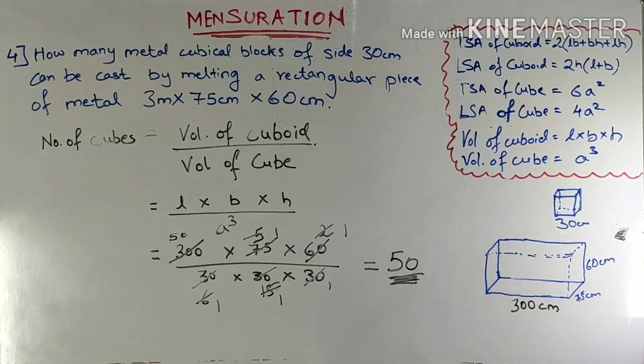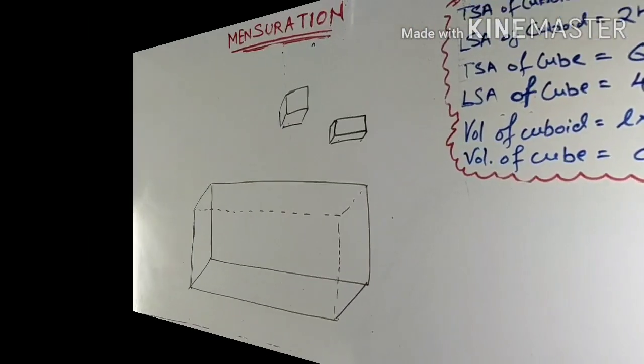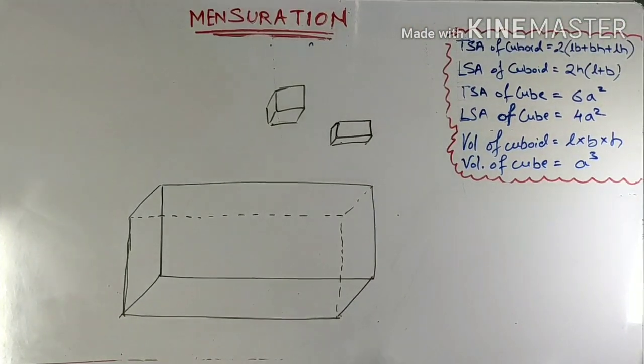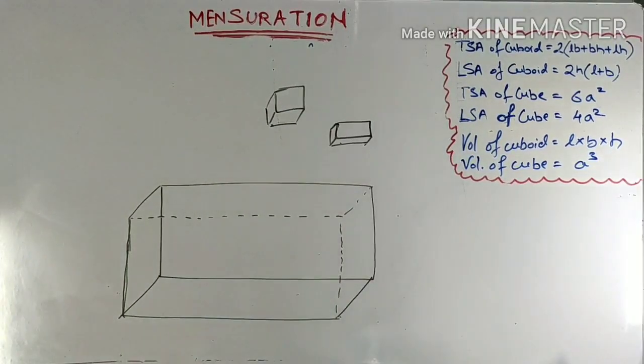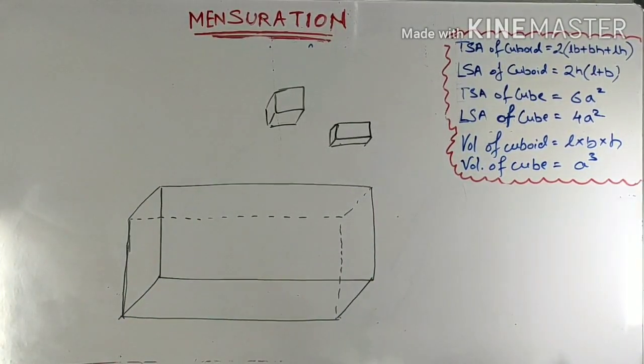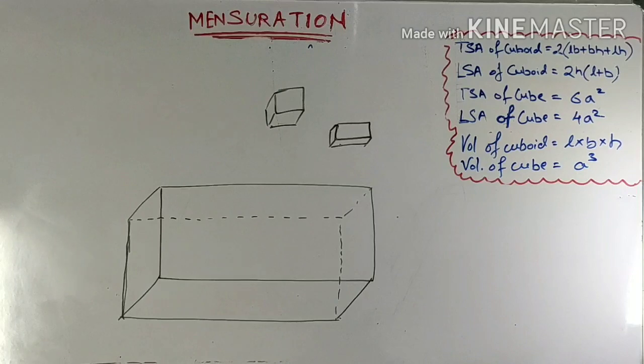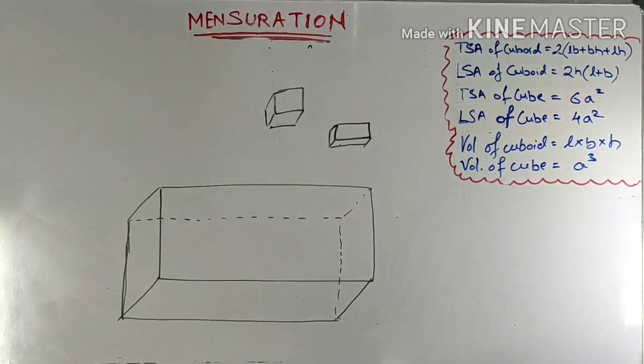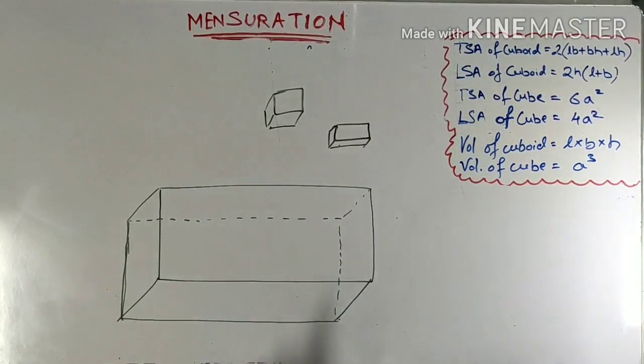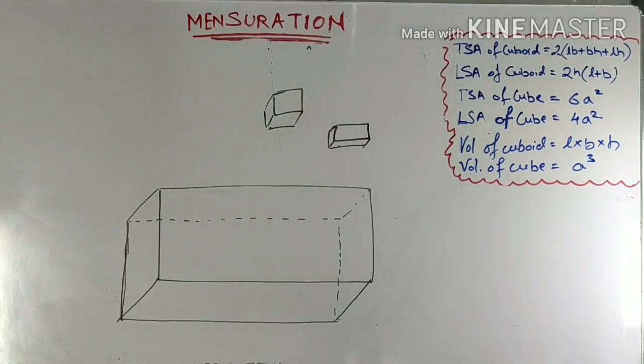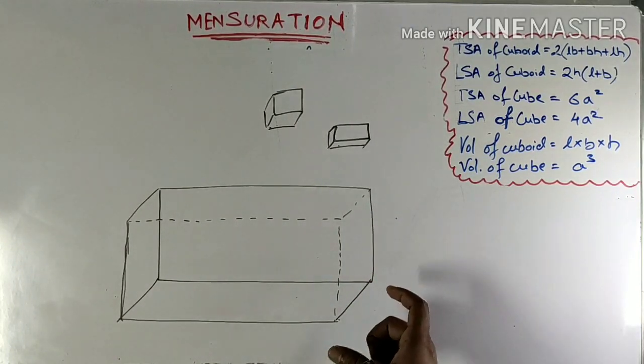Moving on to the next case, which is similar. Consider this case where instead of a solid cuboid, we have an empty crate, a wooden crate or a plastic crate that you find in the market, or an empty box with certain dimensions.